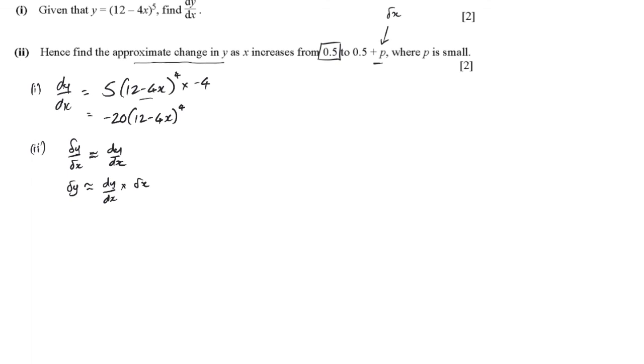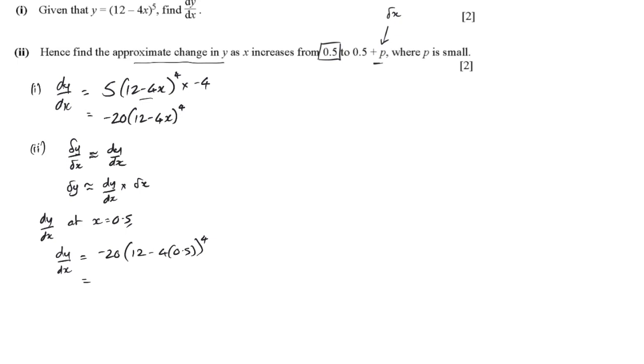So we need to find out what dy by dx is then at x is equal to 0.5. So we'll have to plug this value into it. So dy by dx is equal to minus 20 into (12 minus 4 times by the 0.5) to the power of 4.